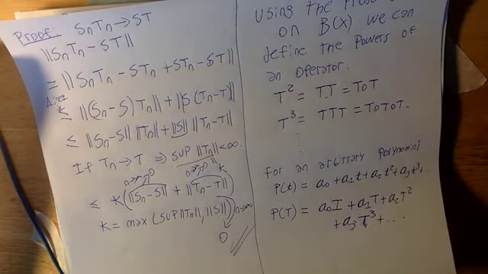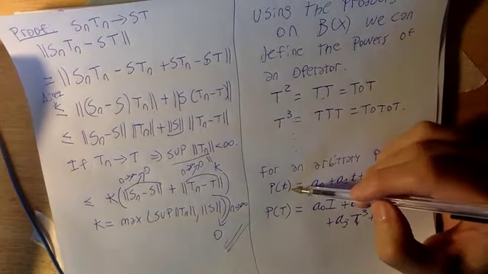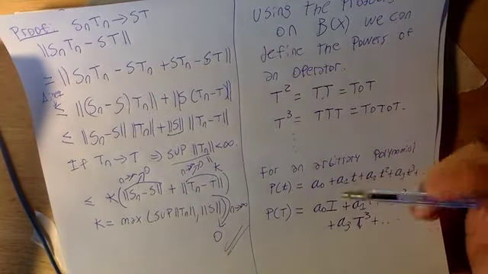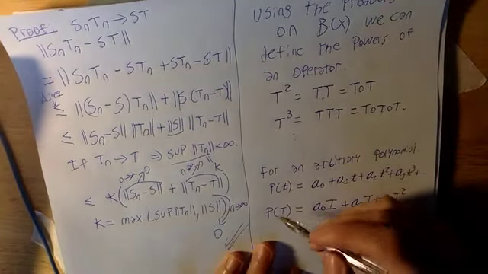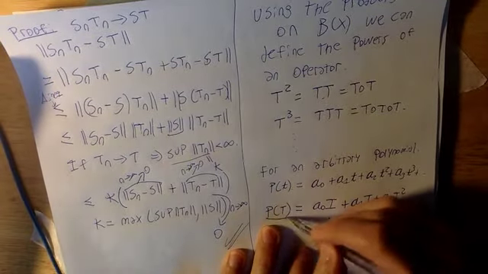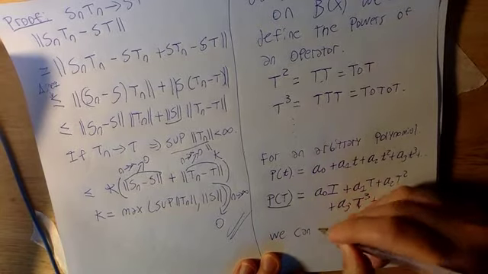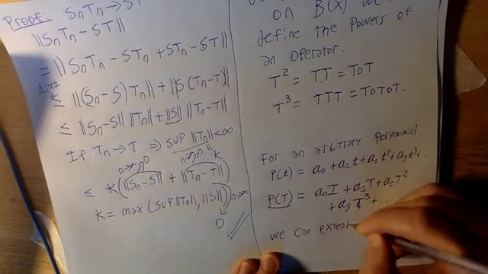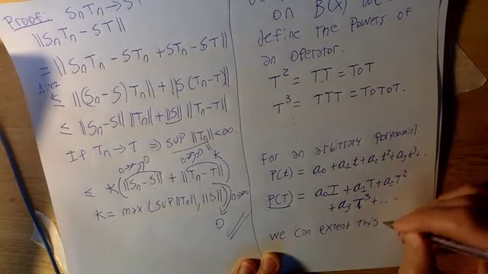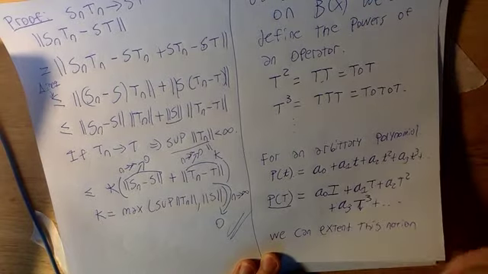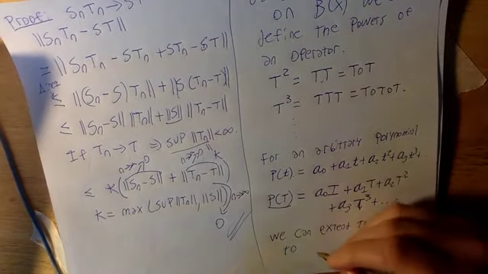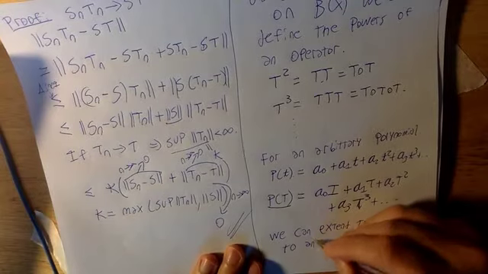Here I'm considering p of T to be a finite polynomial, but the idea is that this is the definition of a polynomial function defined on T, and we can extend this notion to any analytic function.